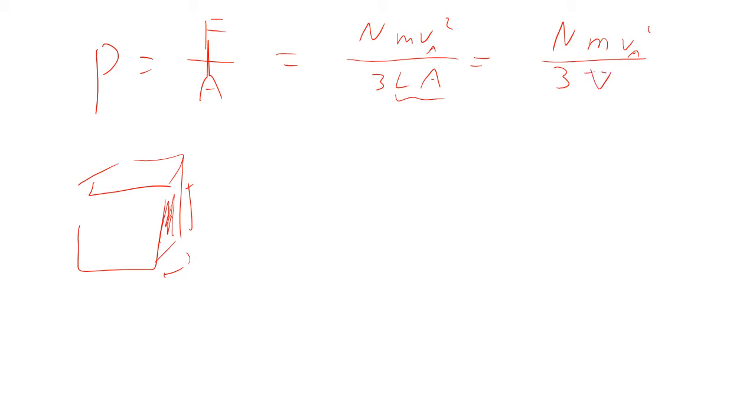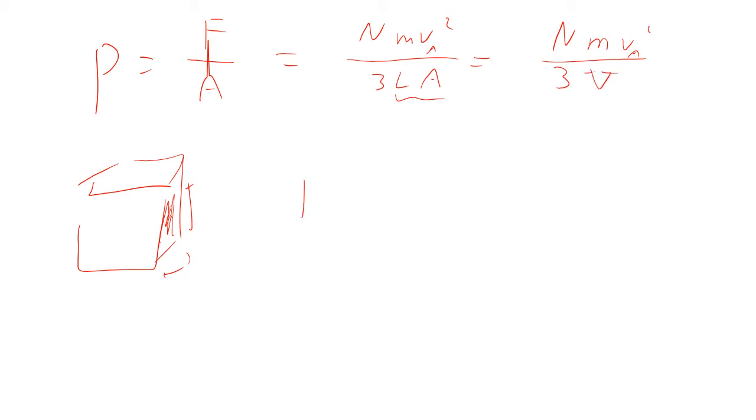The area will be the area of this side right there. So that means this is going to be n m v average squared over 3LA. Well, L times A is volume. So this is n m v average squared over 3 times volume.